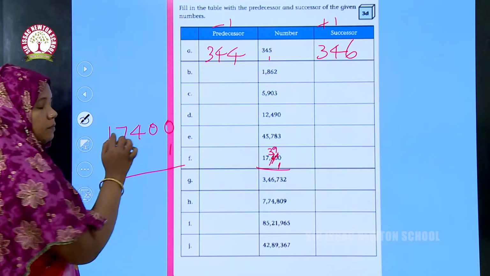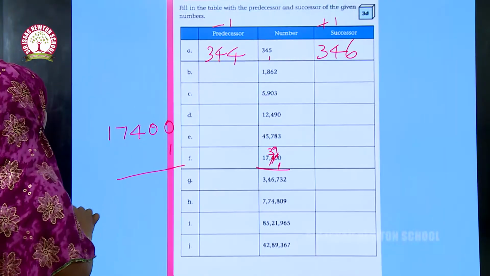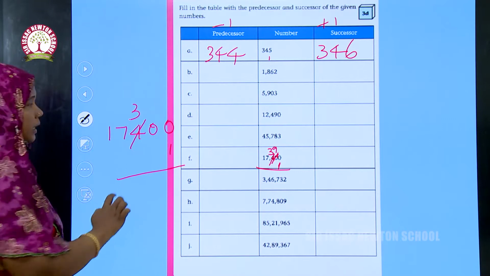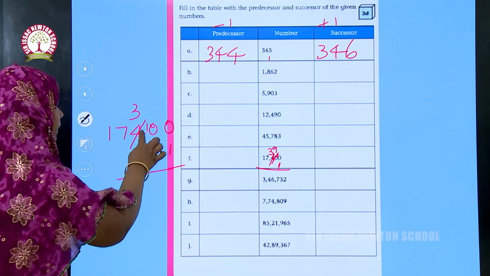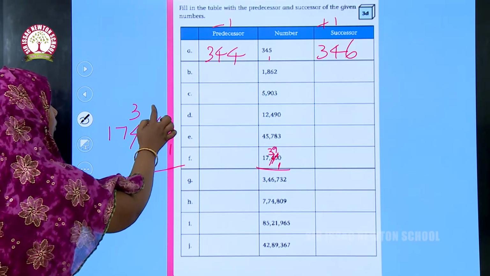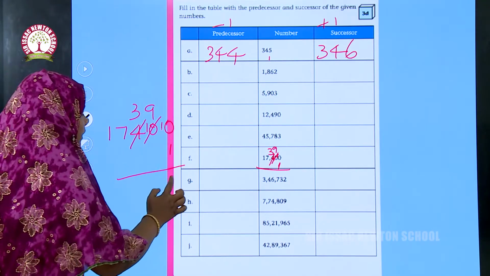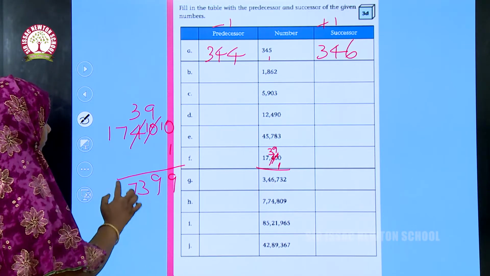So I borrow from the 4, which becomes 3, and I give 1 to the next digit, which becomes 10. From this 10 I borrow again, it becomes 9, and here I get 10. What is 10 minus 1? It is 9, and the remaining digits stay.